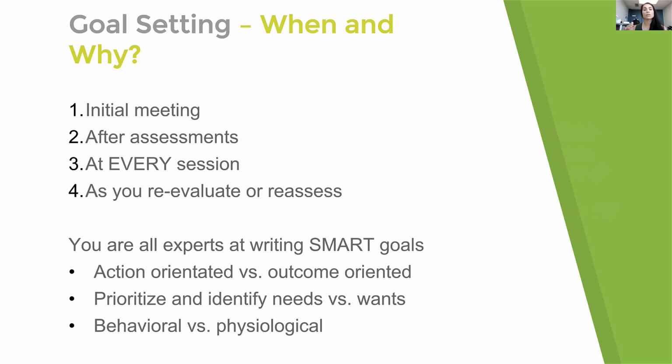So if that outcome-oriented goal is to lose 10 pounds, what actions or behaviors do you need to change, or goals do you need to set around those behavior changes to reach that outcome? It could be, for instance, I'm going to get 150 minutes of moderate exercise every week. Okay, so that would be an action-oriented goal to reach that outcome-oriented goal.